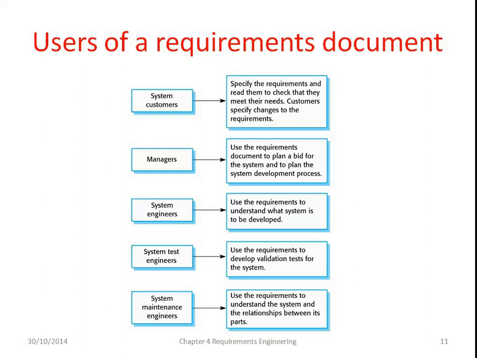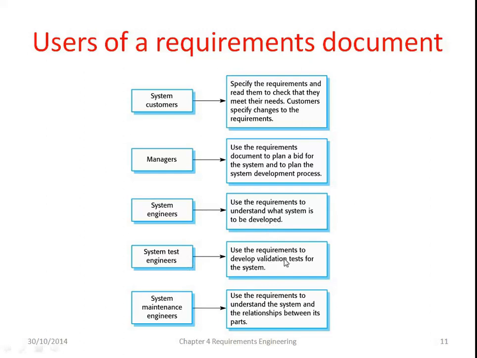And the manager: what is the task of the requirements for the manager? The manager uses the requirement document to plan the bid for the system and to plan the system development process. The next process is software development, which is planned from it. So this is the task of the manager. A system engineer uses the requirements to understand what system is to be developed.